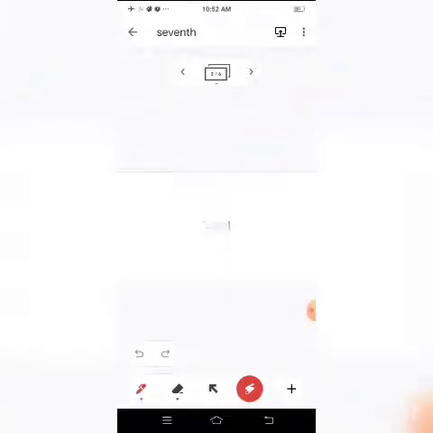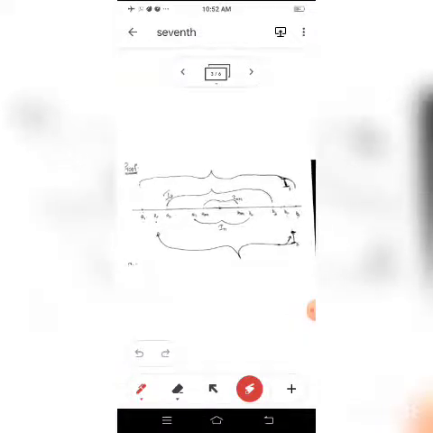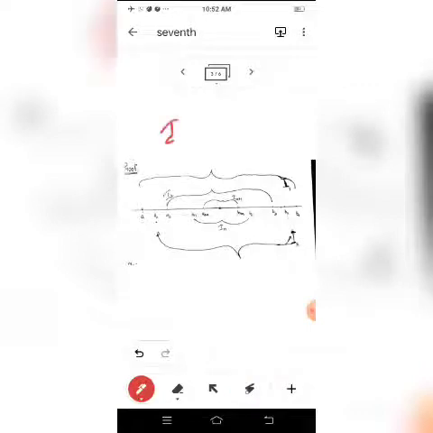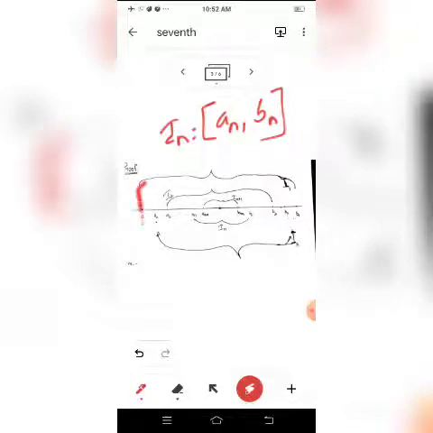And the figure is as follows. Here it is given that In is equal to the closed interval an, bn. When n is equal to 1, we get the interval a1, b1. When n is equal to 2, we get the interval a2, b2.